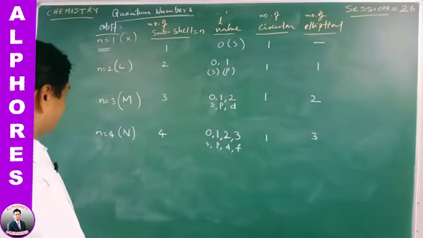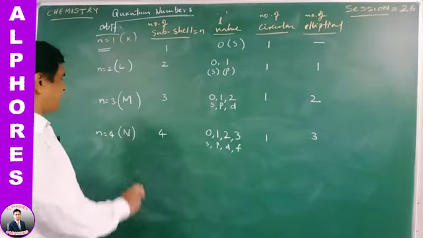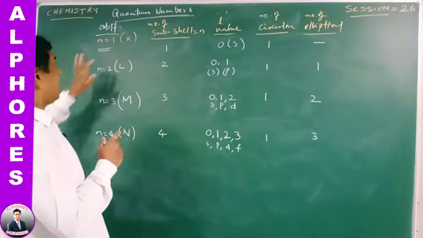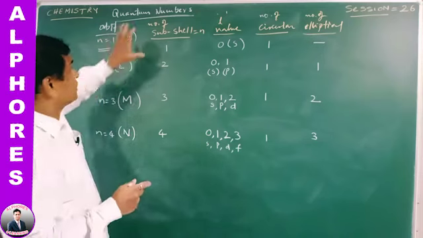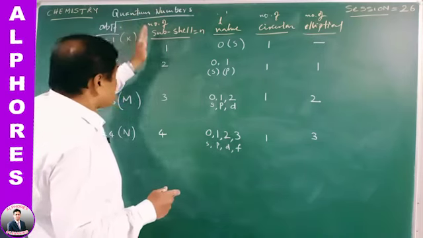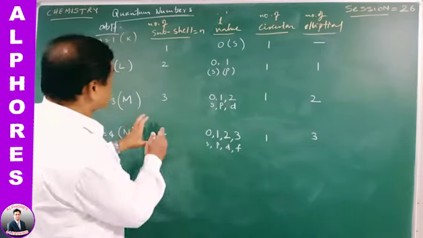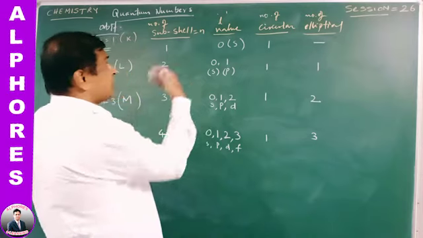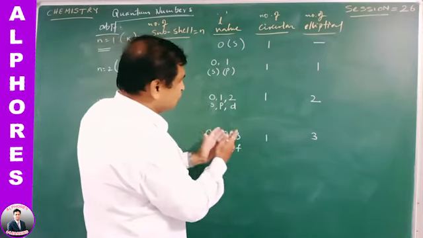Got it? Now, when n is equal to 4, that is the 4th energy level, the N shell, K, L, M, N, the 4th orbit. The total number of subshells in this 4th orbit is 4. The subshell L values are 0, 1, 2, 3.